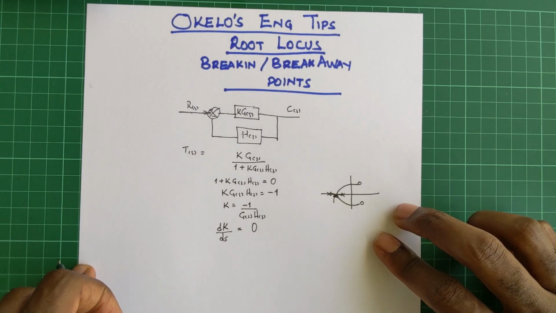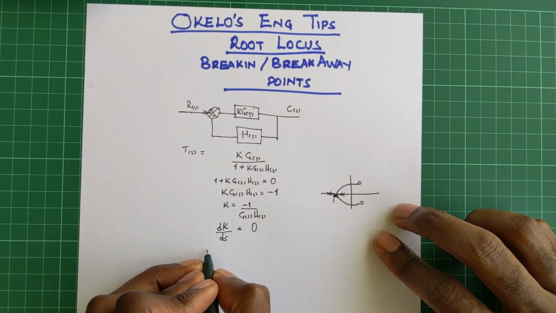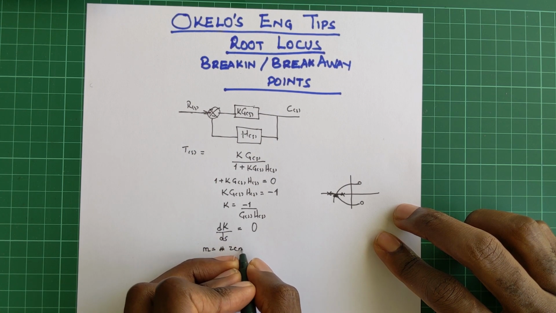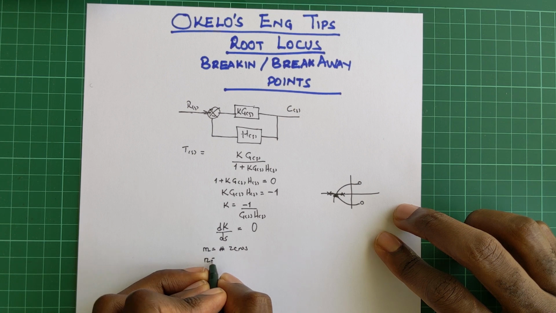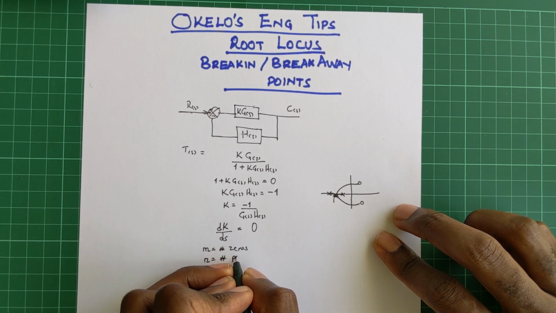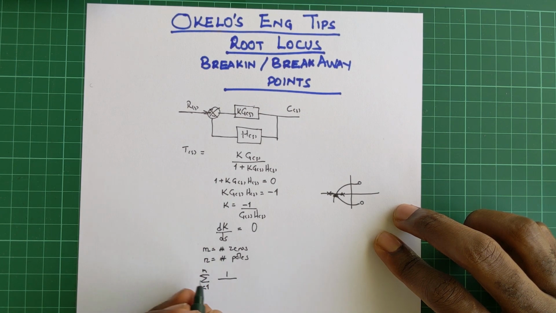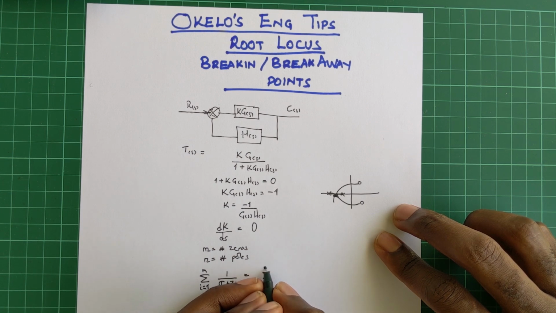The other way that is typically recommended, if let's say m is equal to your number of zeros and n is equal to your number of poles, is that you would sum up from i equals 1 to m, 1 all over, not integral, that's just summation, of your poles and your zeros.